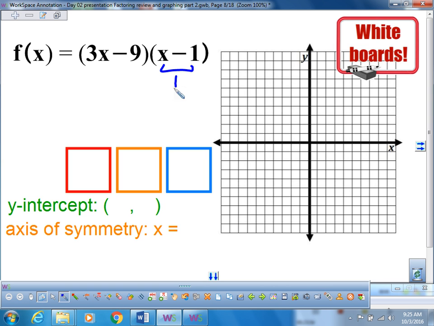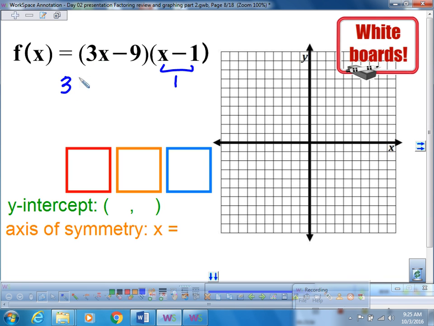Because if I were to factor out a 3, I would get x minus 3. So my 0 is 3. Right? No? It'll come. Light bulbs are starting to come on here and there a little bit. I don't feel the need to do this. I just divide both by 3, and that gives it to me.